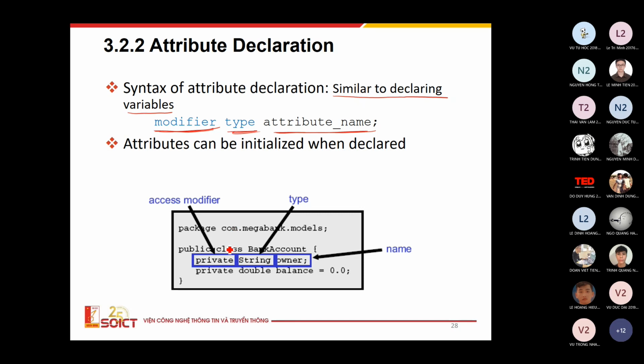And here, for example, you have this code. Firstly, package, and then the package name. You will see one folder named com, one folder named megabank, and one folder named model.